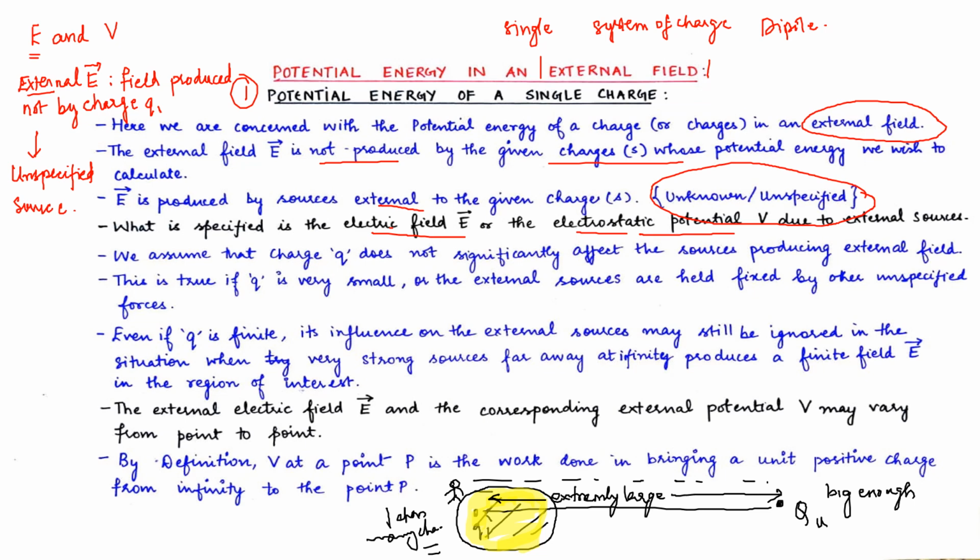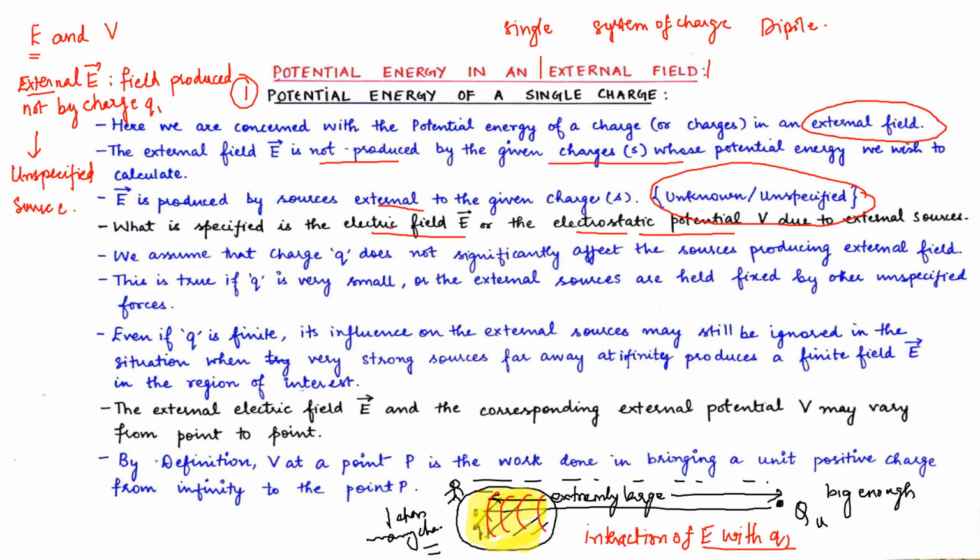But as this is big enough and it is producing these electric fields till over here, there will be some interaction of these fields with our charge Q1.